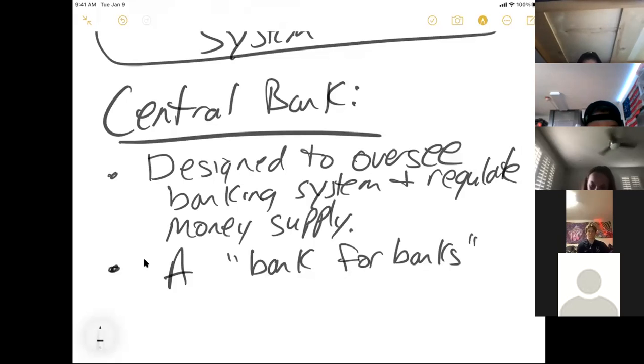For those of you who remember a little bit from your US history classes, you might remember the big dust up about the first Bank of the United States and the second Bank of the United States, right? These were essentially early attempts to form a central bank in the United States, to have a bank for the government and to have a bank for the banking system.